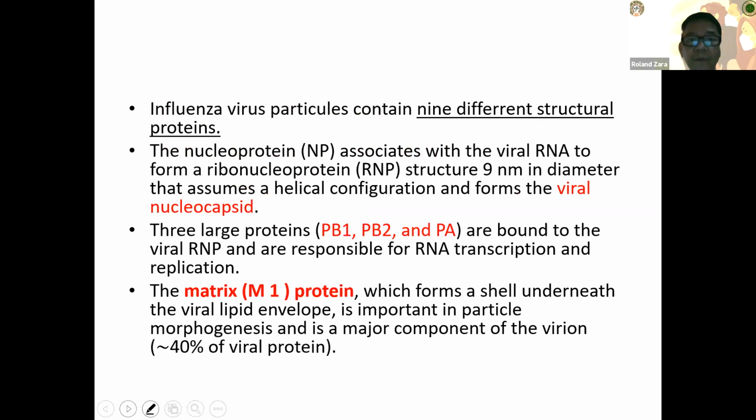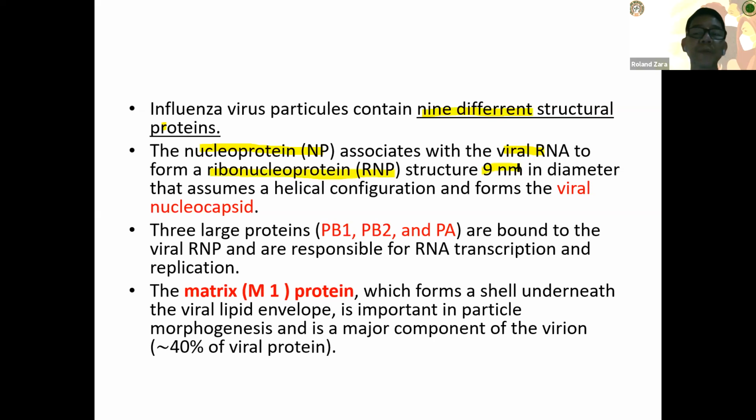Now, the influenza virus particles contain nine different structural proteins, so we have nine structural proteins and one non-structural protein. The NP, otherwise known as the nucleoprotein, associates with the viral RNA to form what we call the ribonucleoprotein structure, which is small, around 9 nanometers in diameter.